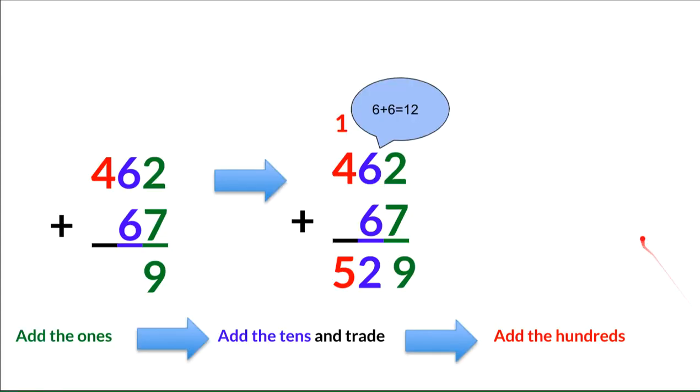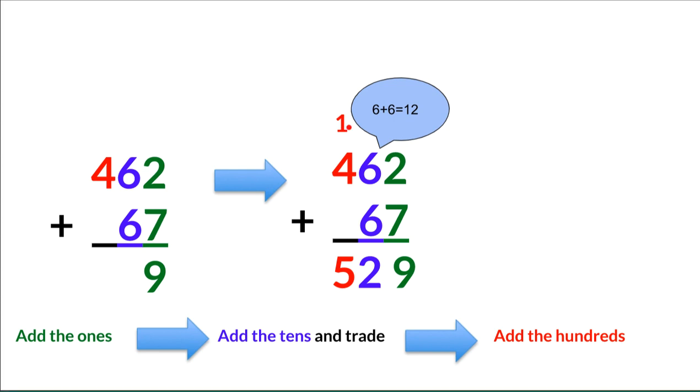So a quick little recap without the disks. We first start by adding the units, 9, no problem. Then we add the tens, 12, that's a problem. So we're going to keep 2 of those 10 disks and bundle up 10 of the 10 disks, which is 100, and put one bundle of 10 tens in the hundreds column.